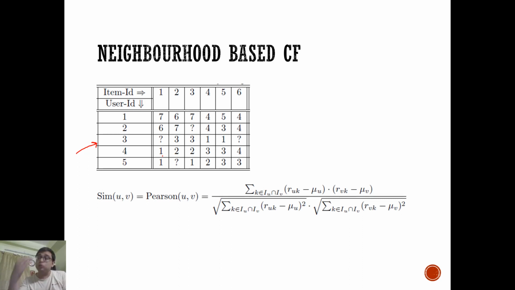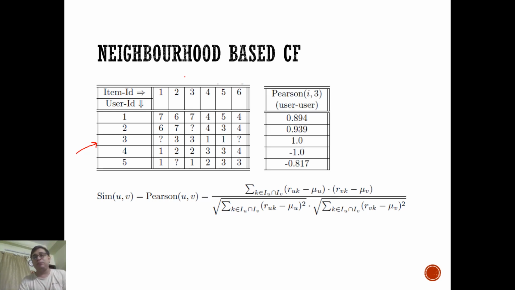Instead of using all the ratings, we are only going to use the items where both of them have given a rating. So when I am trying to find the correlation between 1 and 2, this third element will not be considered in the calculation. If I apply this on this data set, the correlations that I get are something like this.